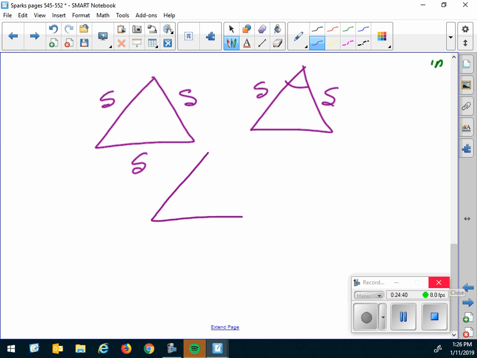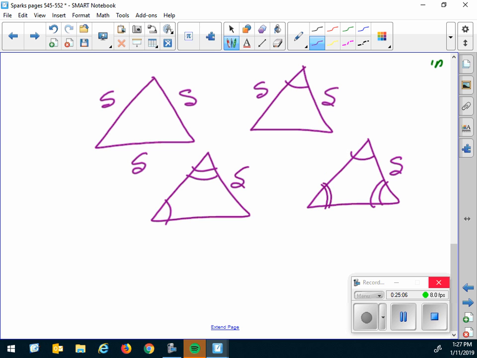What about if I have an angle side? Yes, because I know a side and its angle. What about angle side angle? Oh, yes, I do. Because if I know two angles, can't I automatically find the third one? So I can use law of sines here, and I can use law of sines here.